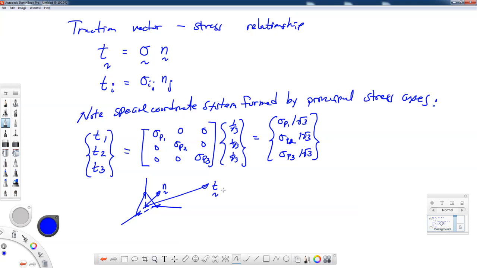We want to do a couple things here. First, we're going to take and project the traction vector into the direction of our specific unit normal. And then we're going to do some vector manipulation to figure out the shearing stress that is acting on the octahedral plane.